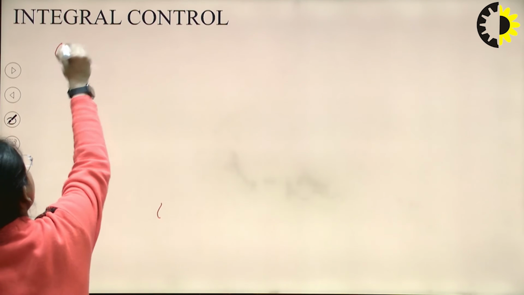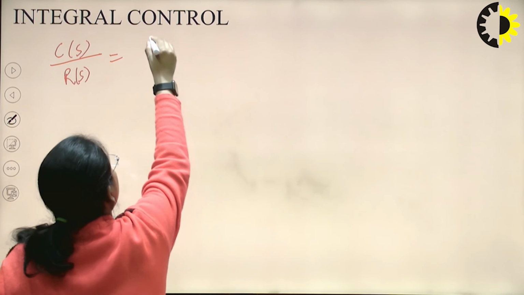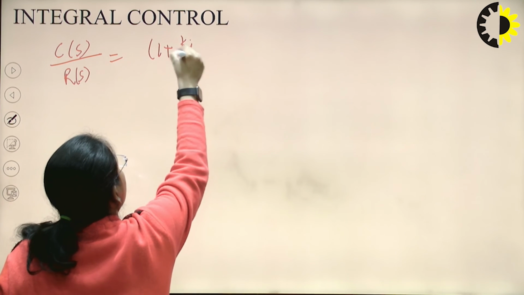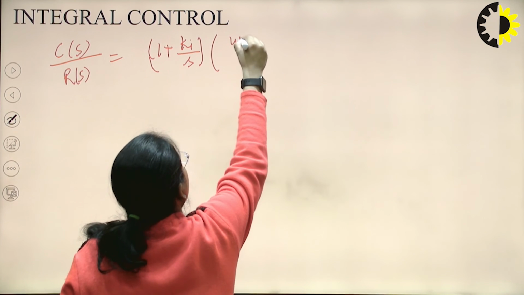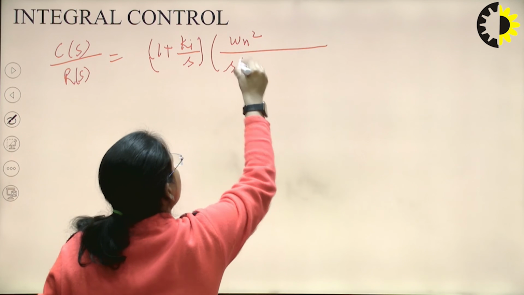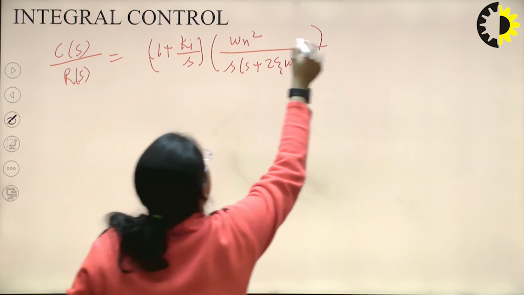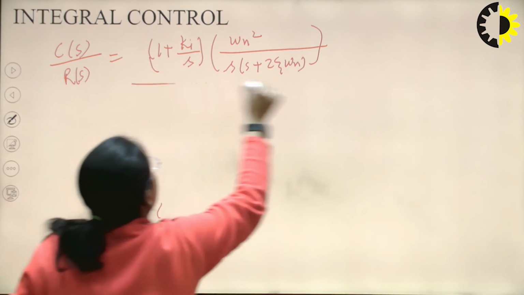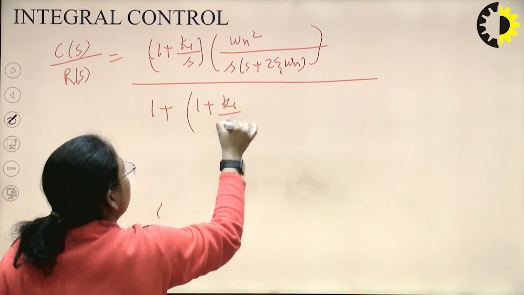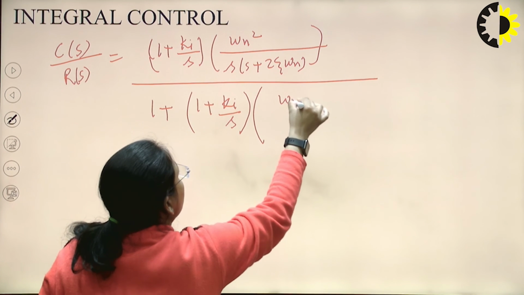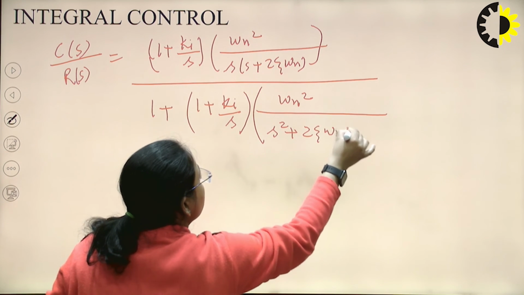So the transfer function for the integral control will be C(s) upon R(s) equals (1 plus Ki upon s) into omega n square upon s into (s plus 2 zeta omega n), upon 1 plus G(s)H(s), that is 1 plus (1 plus Ki upon s) into omega n square upon s square plus 2 zeta omega n s.